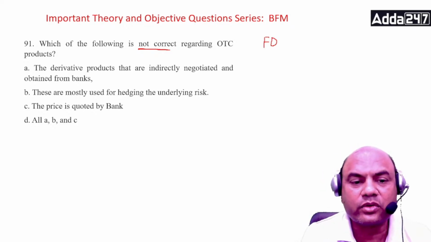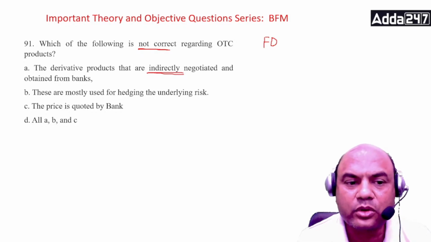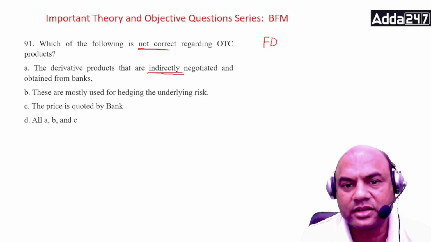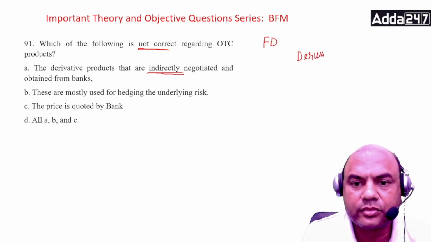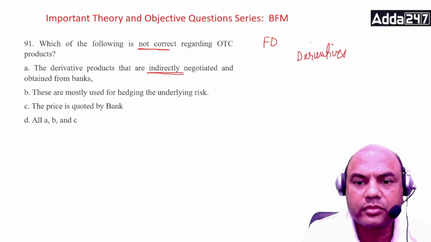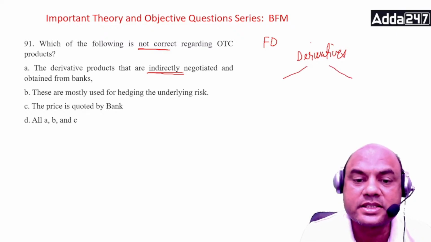Indirectly negotiated. What do you mean by indirectly negotiated? Here, there are two types of derivatives. Okay, derivatives are of two types. One is traded in the exchange.